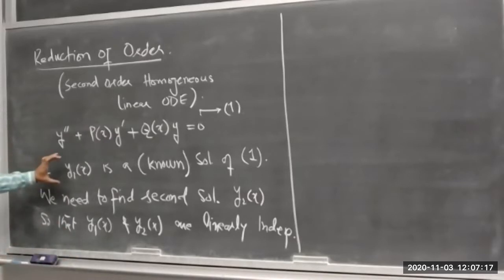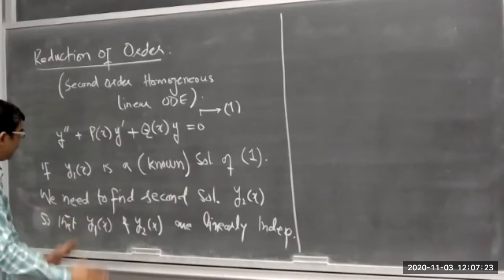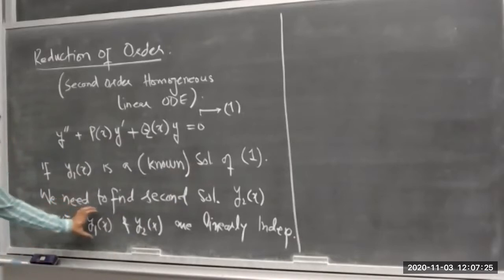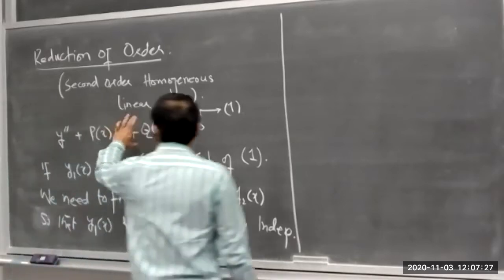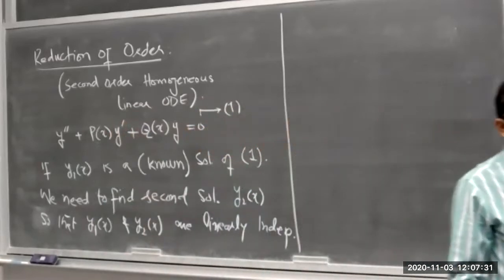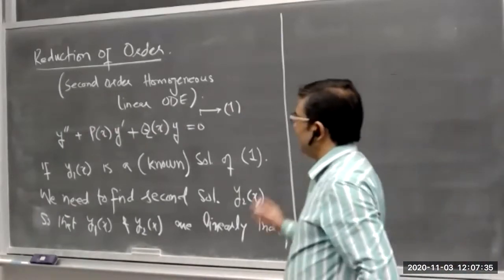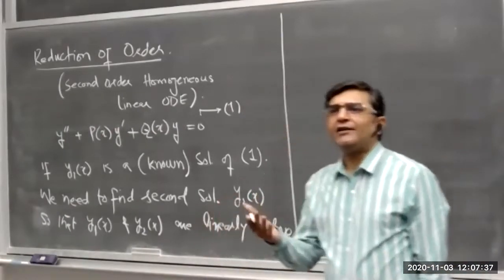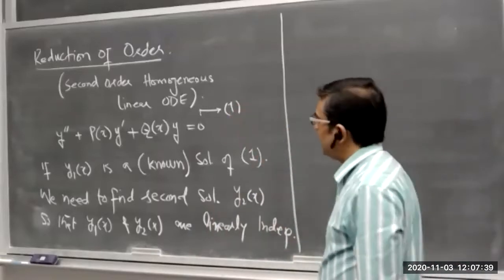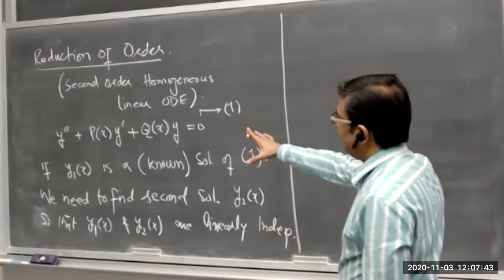If we have two linearly independent solutions, they form a fundamental set of solutions, and then we can write the general solution. This is basically the purpose of this method.